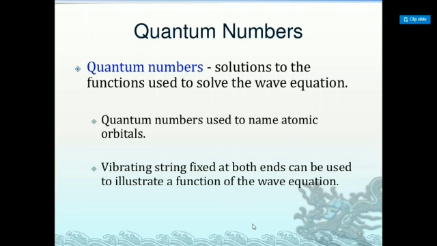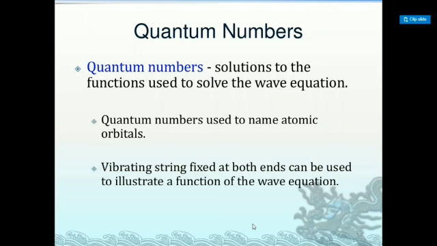Quantum numbers, solutions to the function used to solve the wave equation. Quantum numbers are used to name atomic orbitals. A vibrating string fixed at both ends can be used to illustrate a function of the wave equation.